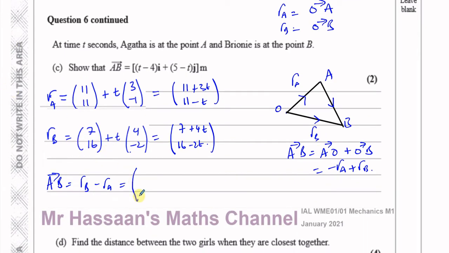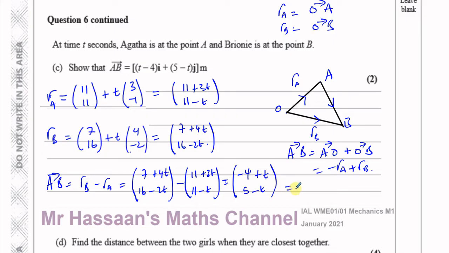So you're going to have 7 plus 4t and 16 minus 2t, minus 11 plus 3t and 11 minus t, which gives us the vector: 7 minus 11 is minus 4, 4t minus 3t is plus 1t, and 16 minus 11 is 5, and minus 2t minus t is minus 2t plus t, which is minus 1t.